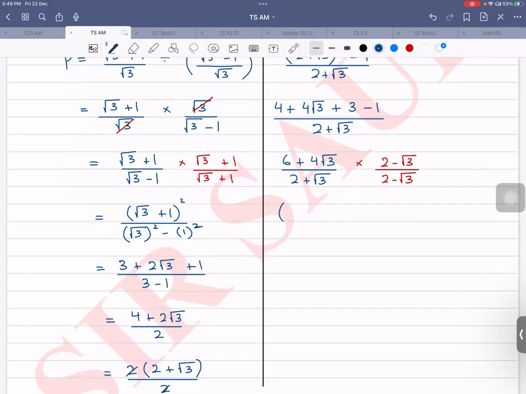Let's make two brackets. 6 plus 4 square root 3 times 2 minus square root 3 upon a square minus b square. तो normally जब rationalization का question आता है, it's mentioned in the question without using a calculator. That is why it is very important that you show all the steps.